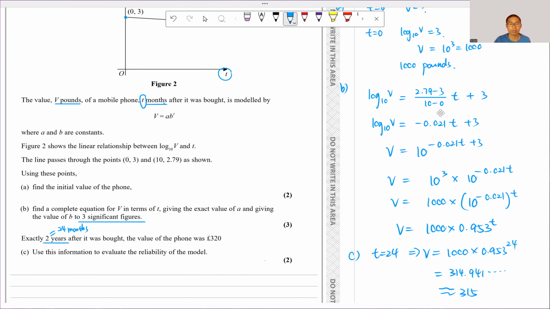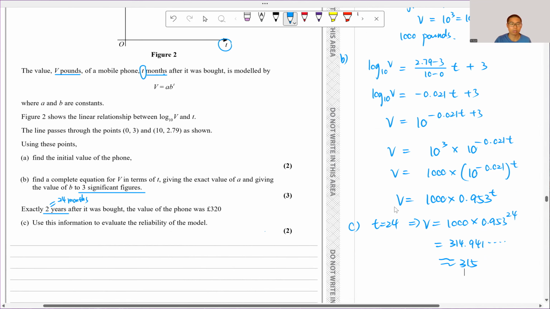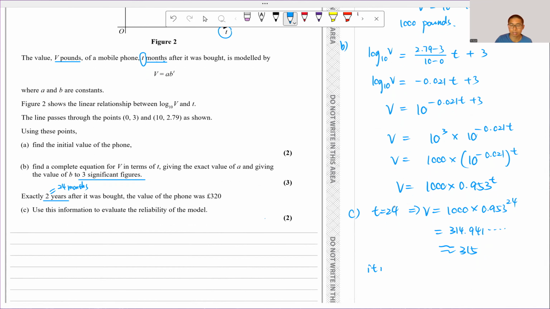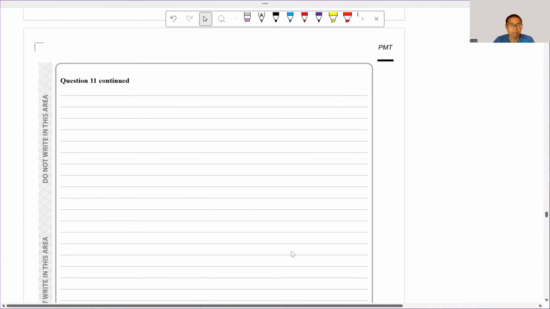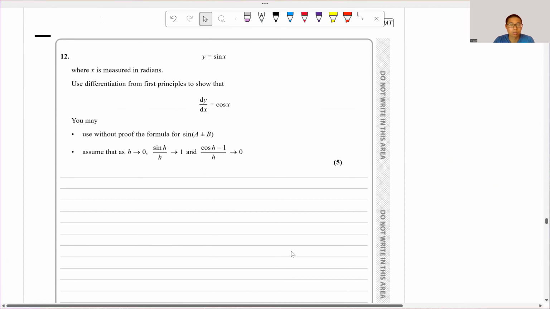So that's very close to 320. So you can say it is a reliable model, as 315 is very close to 320. And that's it. Okay, let's have a look at the next question.